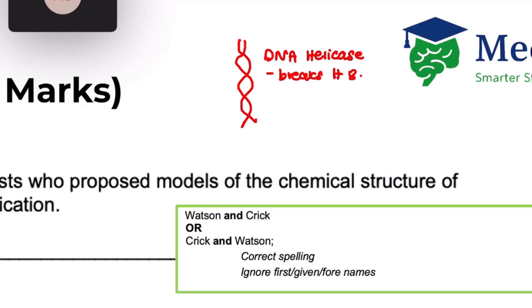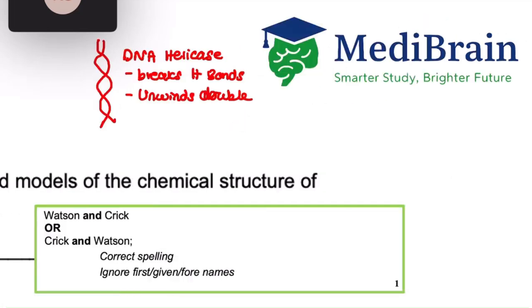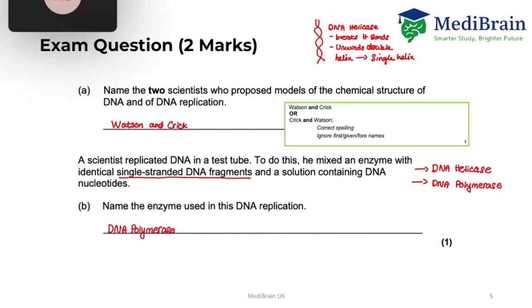So we've broken the hydrogen bonds and it unwinds the double helix to make it a single strand, a single helix. Okay, and then after that, that's all DNA helicase does. After that, DNA polymerase comes in and it reforms the double helix by catalyzing the condensation reactions. So it catalyzes the formation of these phosphodiester bonds between adjacent nucleotides.